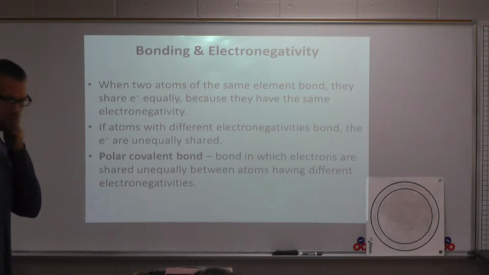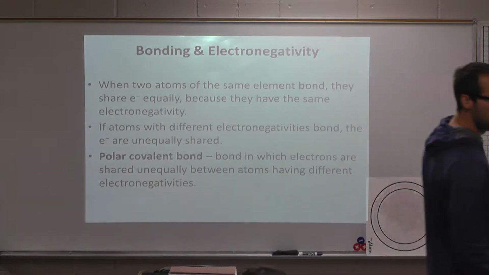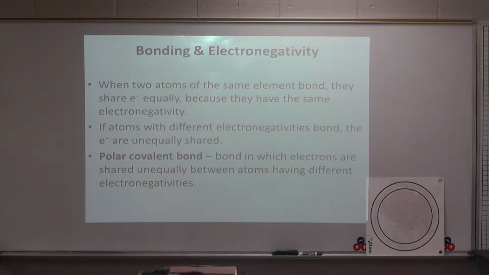As you guys know, covalently bonded substances do what with their electrons? Share. We've talked about two ways that they share. They either share them equally or they don't share them equally.